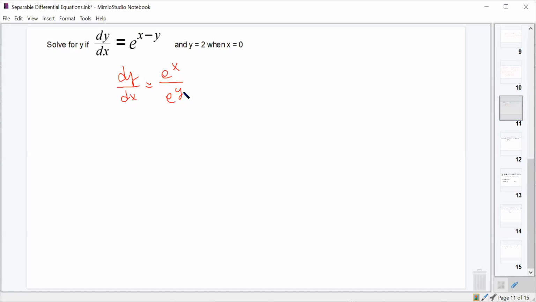Yes. Okay. And so now we'll end up with e to the y dy equals e to the x dx, two exceptionally easy integrals to evaluate. True? Doesn't get any easier than that. E to the y equals e to the x plus our constant.